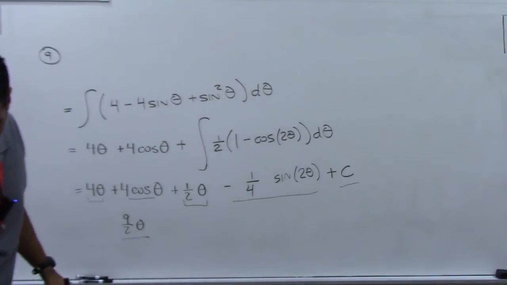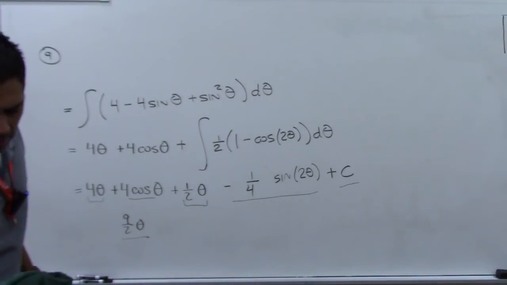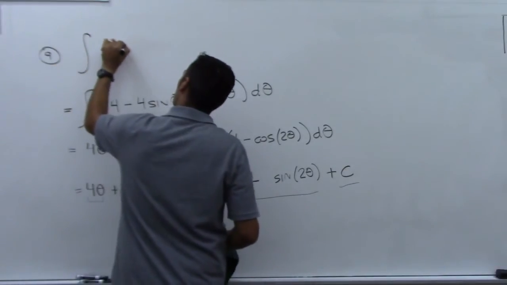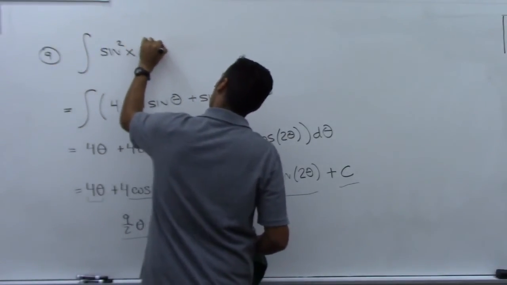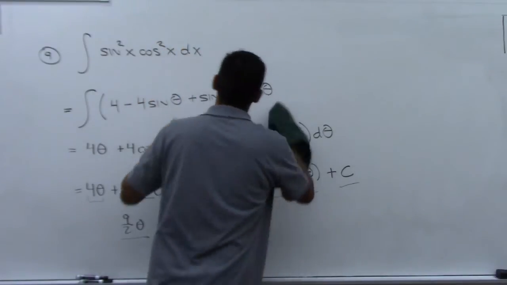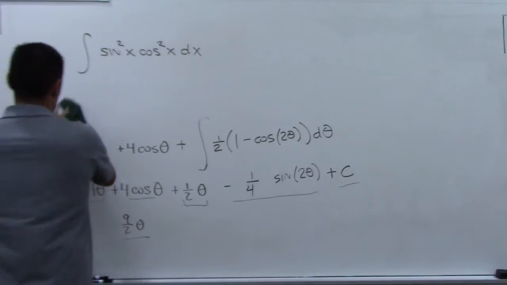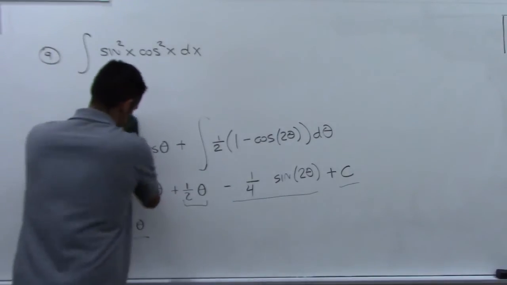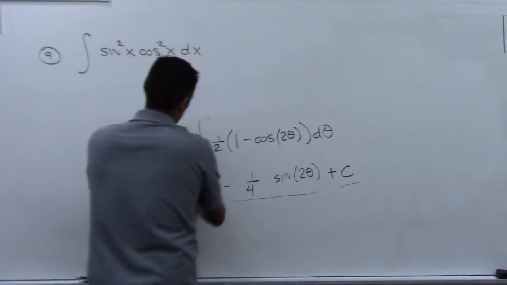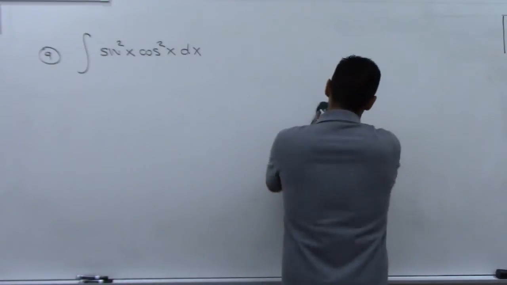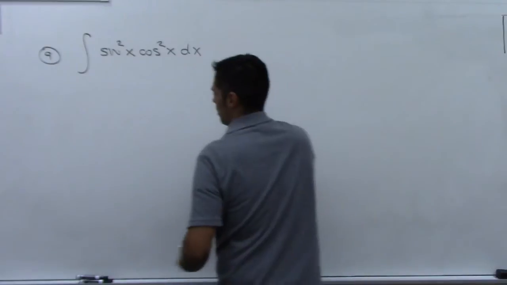Number 9, sine squared cosine squared. Sine squared x cosine squared x dx. All right, so for this, they're both squared. Since they're both squared, I can't pull out anything like we did when one of them was odd.